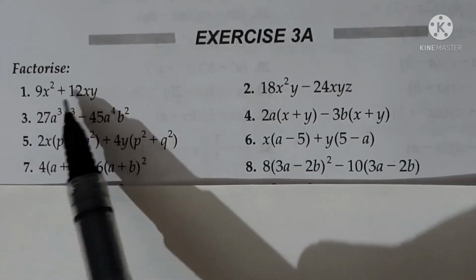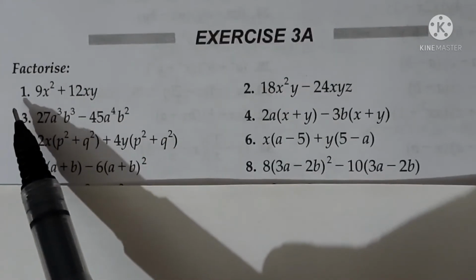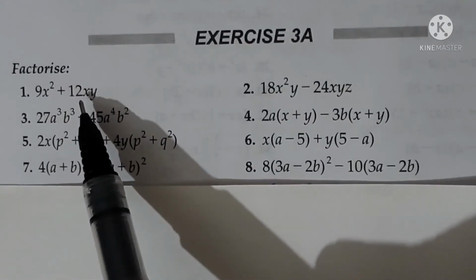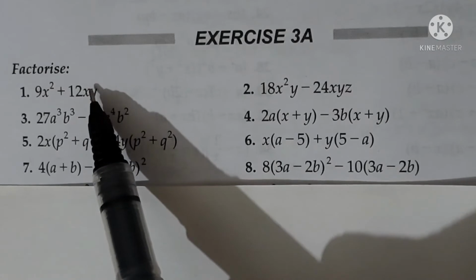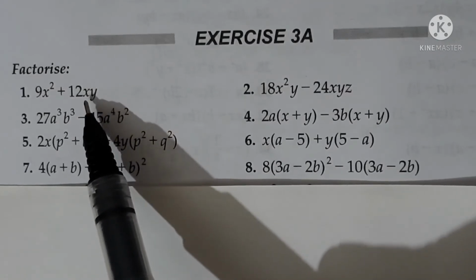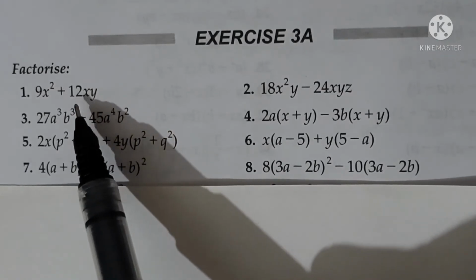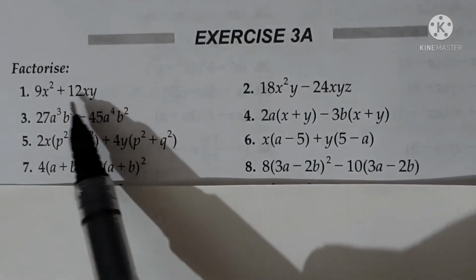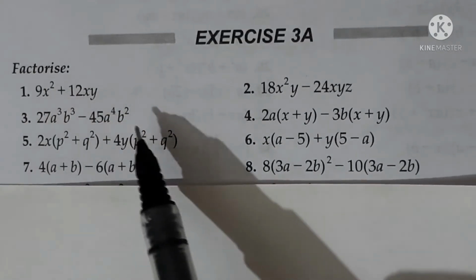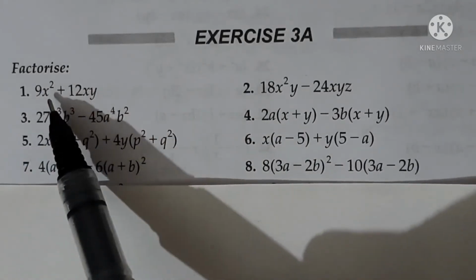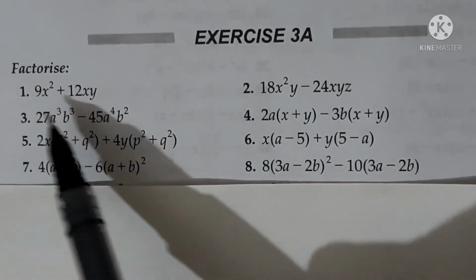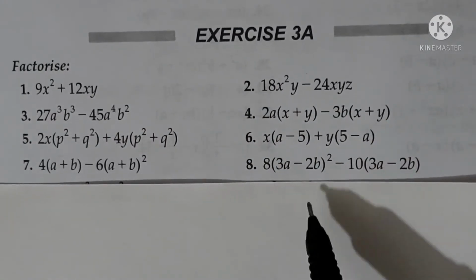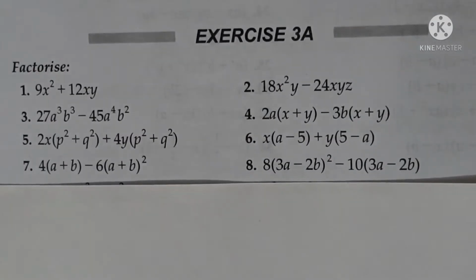You can take out 3 as a common factor, and now see the variables. Here the lowest power of the variable is 1, and the common variable is x. So you can take out x from these two terms. So this is the way to solve this question. See the other parts and solve them in your notebook.